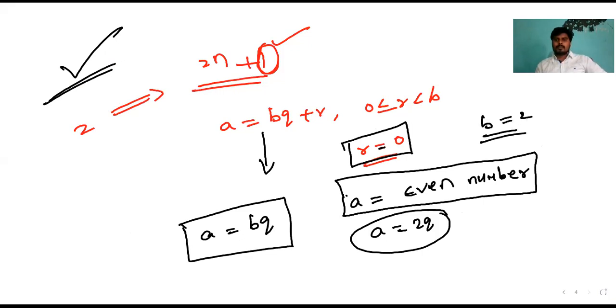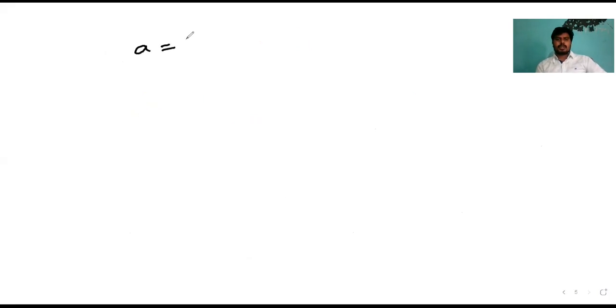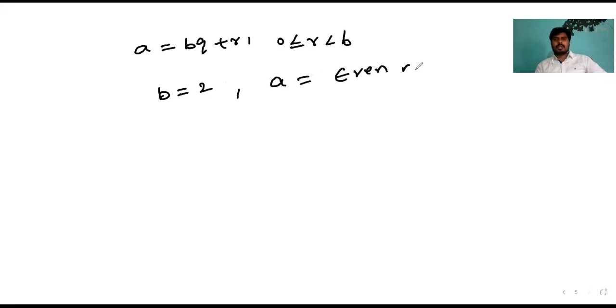I'm telling you, once again I will repeat. a equals bq plus r, where 0 is less than or equal to r, which is less than b. You are taking b equals 2, and a is an even number. So a equals 2q plus r.